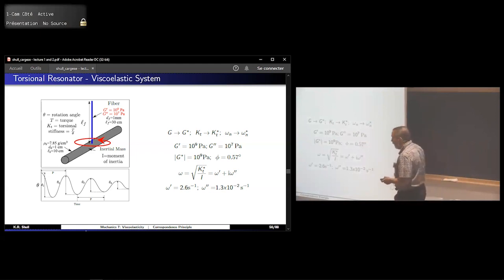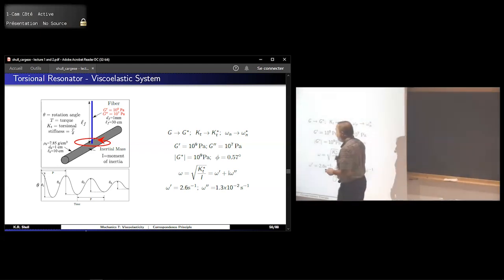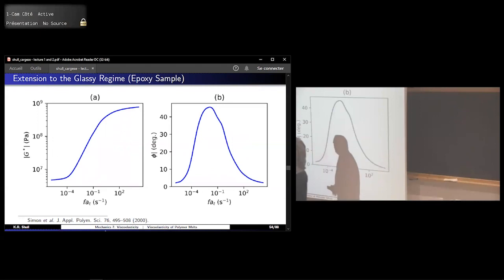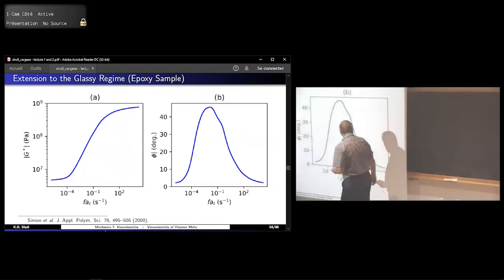You could get it from the plot, on the previous plot, in the glassy regime. Yeah, here. If you get your parameters from this plot, then you could just read it off.